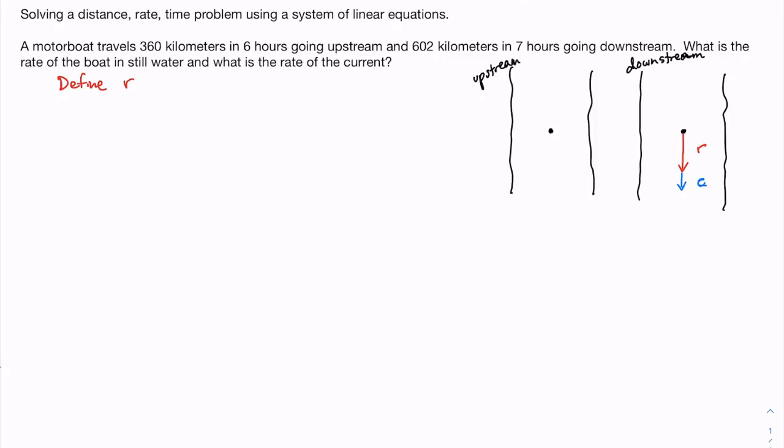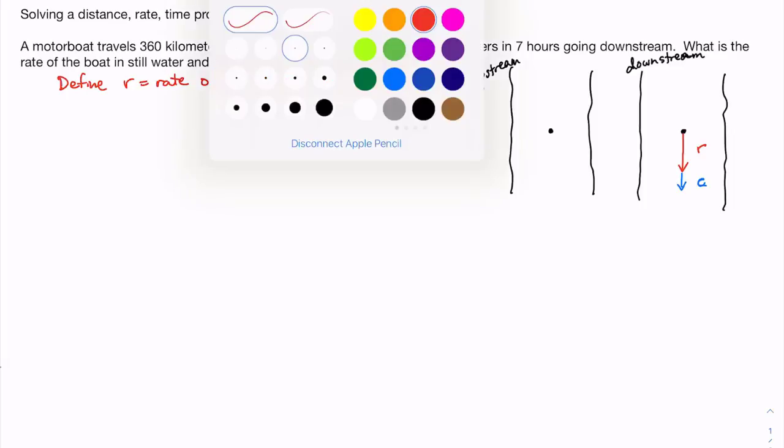Define R to be the rate of the boat in still water. What's C? C must be the rate of the boat. I'm sorry, it's not the rate of the boat. It's the rate of the current.